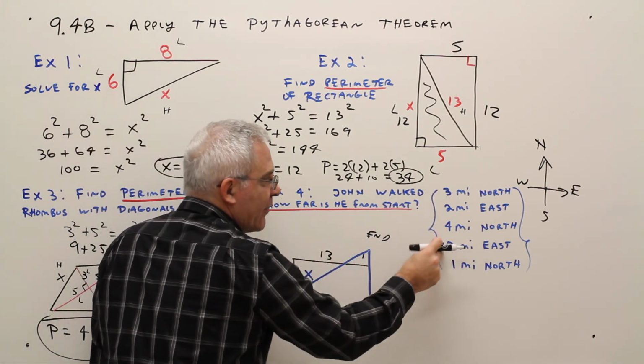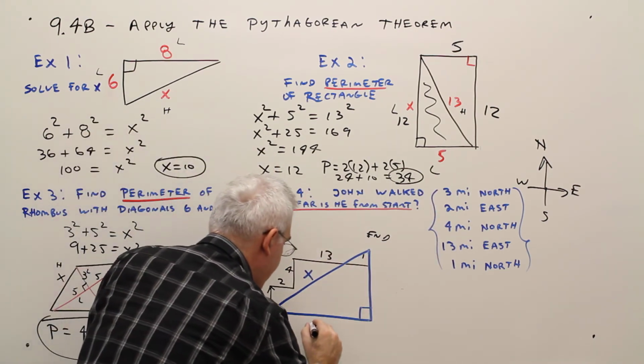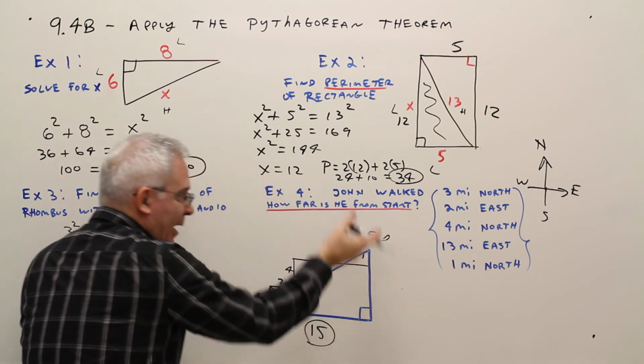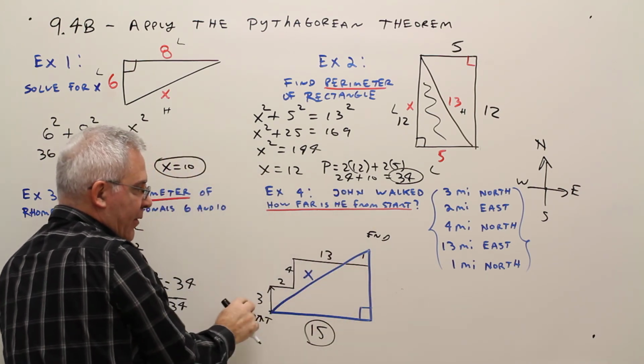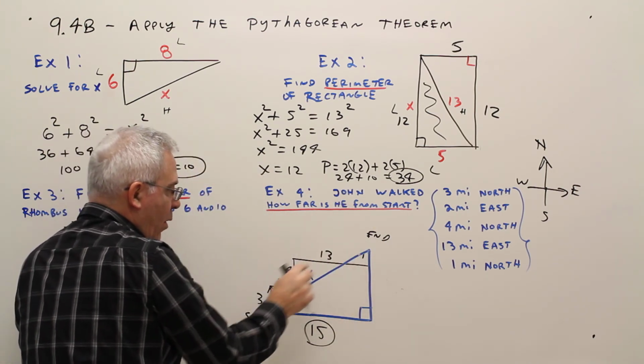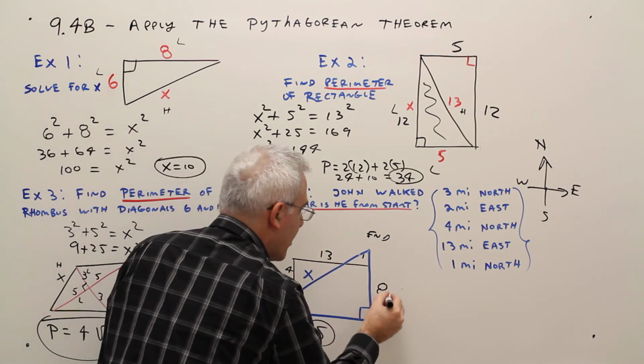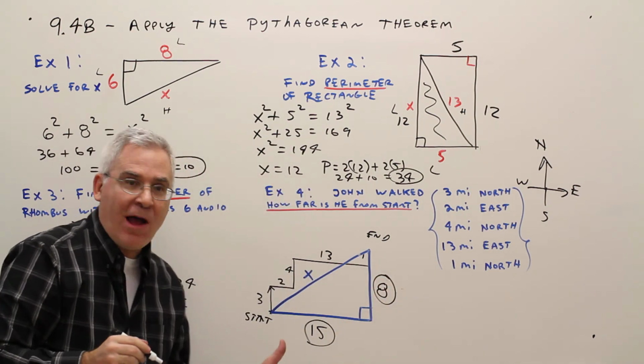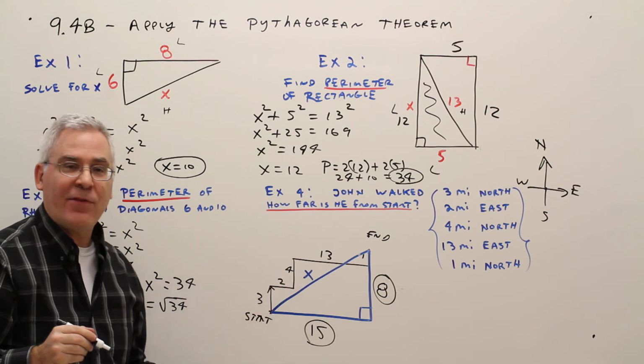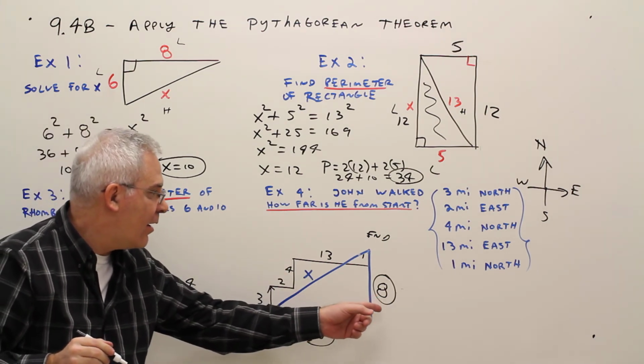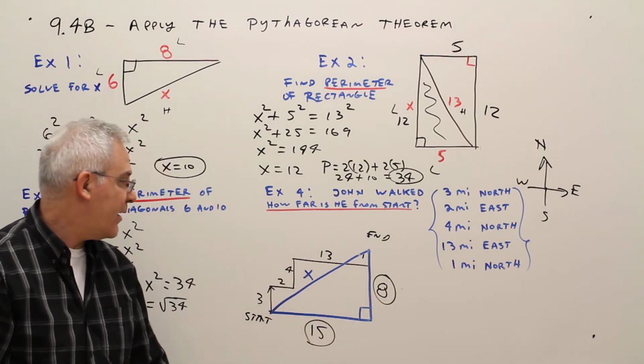So 2 miles and 13 miles east, that's really 15. And I know this is the northward components, a 3 and a 4 and a 1, that's going to be an 8. So the problem boils down to just finding the hypotenuse of a right triangle with legs of 8 and 15. It's that simple.